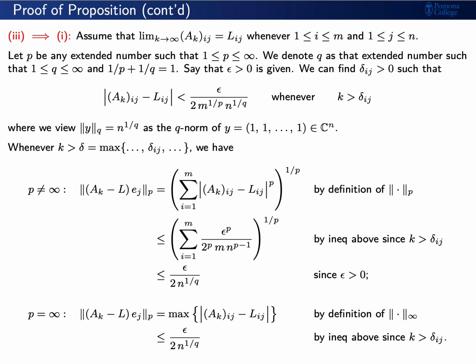When p does equal infinity, we actually find the same thing. So now we've shown that we can have the pth norm in all cases of the matrix A_k minus L times the vector e_j to be less than or equal to epsilon divided by twice the qth root of n.